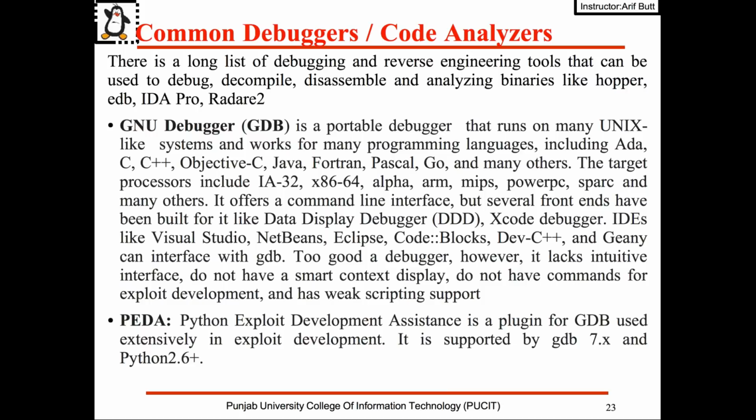Okay, so for proof of concept, ladies and gentlemen, we are using GDB. There is a long list of debugging and reverse engineering tools that can be used to debug, decompile, disassemble, and analyze binaries. They are like Hopper, EDB, IDA Pro, Radare2. We will be using GDB.